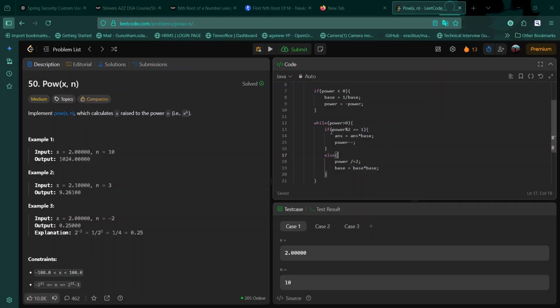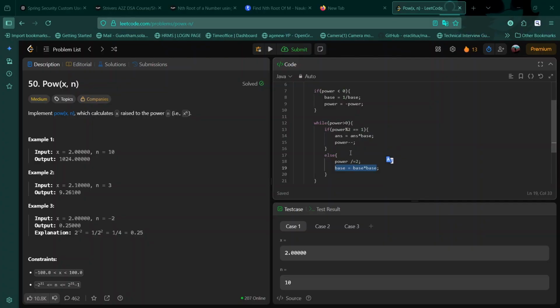As you can see, we are checking if the power is odd, then we are adding it into the answer and decreasing the value of power. Similarly, if it's even, then I'm dividing it by half and squaring the base, base equals base into base.